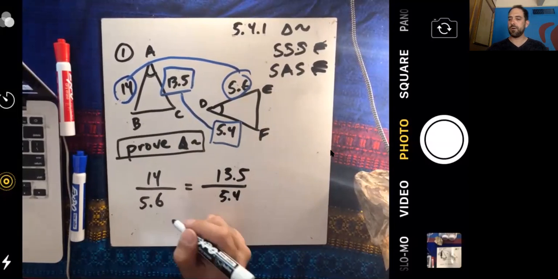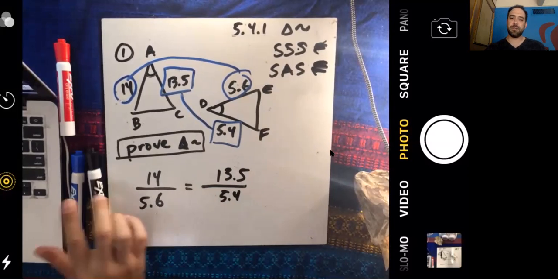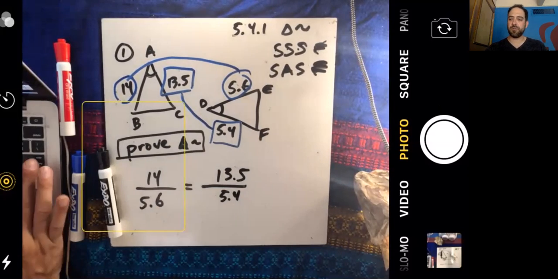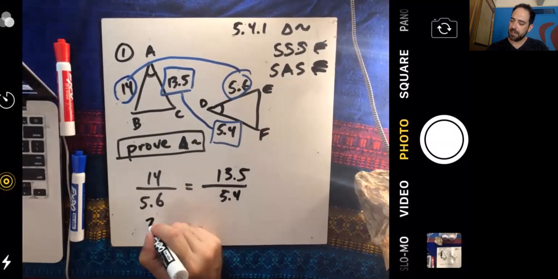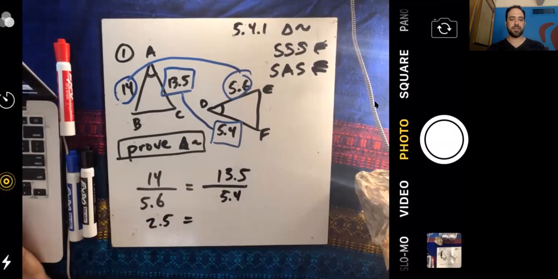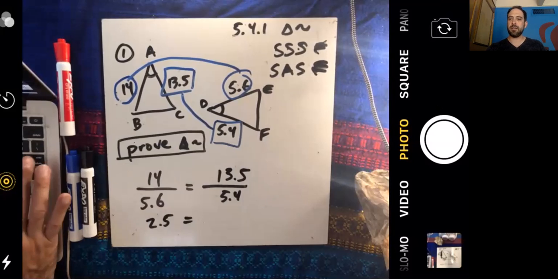Okay, so what I'm going to do here is make it a little bit easier. I'm going to just take these numbers. I'm going to go 14 divided by 5.6, and we'll get a decimal. That's 2.5. Now, what value do I need to have over here in order for us to know this is similar? All right, look at that.